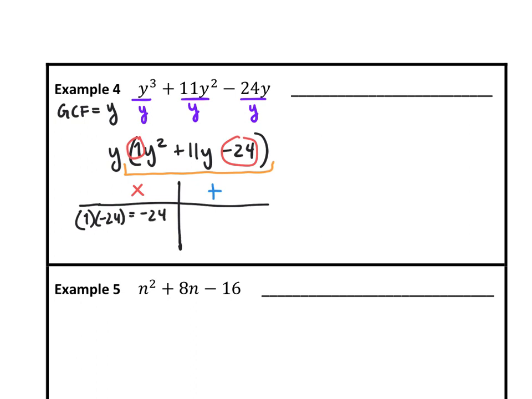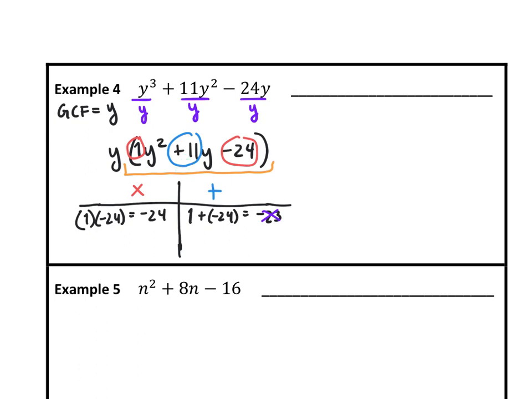That's negative 24. But 1 plus negative 24 is negative 23. Okay. So that doesn't work, because I want to get positive 11 when I add, right?